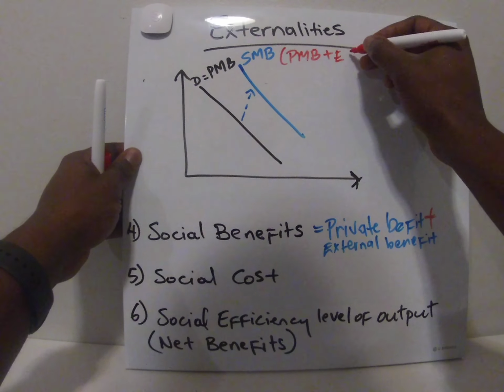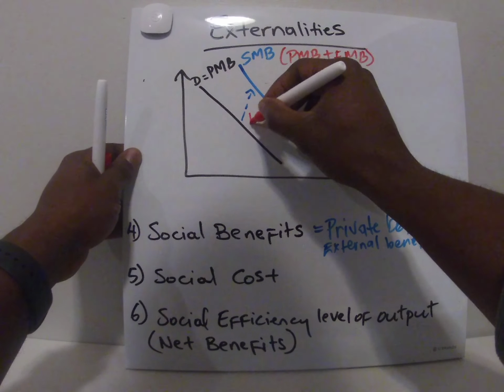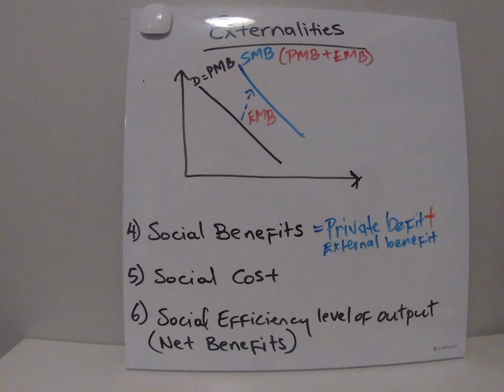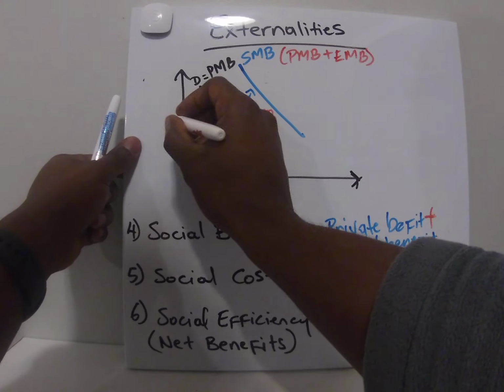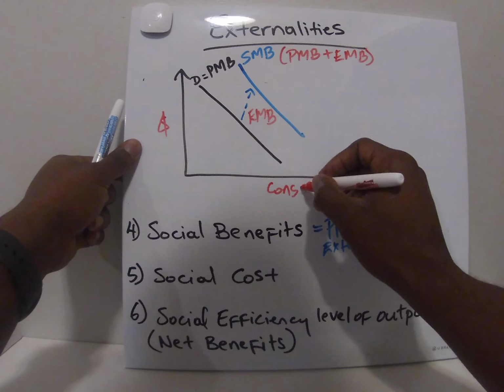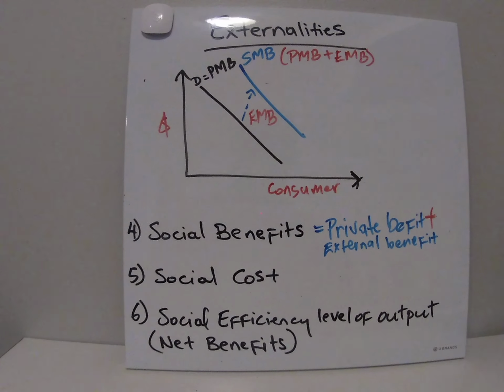External marginal benefit. All right, so this is your EMB in there. And over here is represented a dollar sign, and here says quantity. So that's what our social benefit diagram would look like.